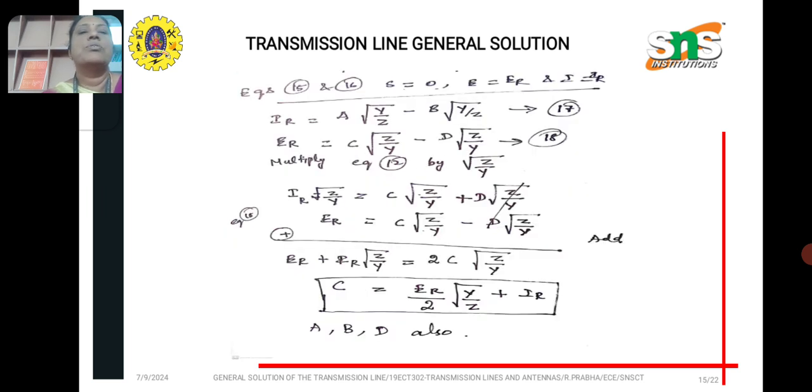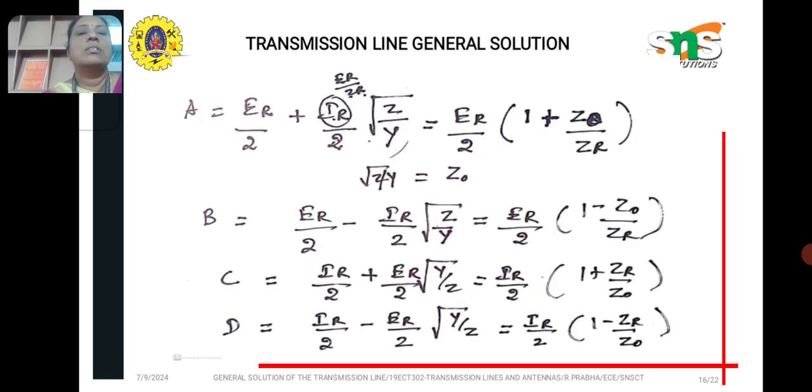So here also we are getting the conditions at the final end, that is at the receiving end. We get ER is C into root of Z by Y minus D into root of Z by Y, and IR is A into root of Y by Z minus B into root of Y by Z. So by solving these equations, we get the ABCD values, the arbitrary constant values.